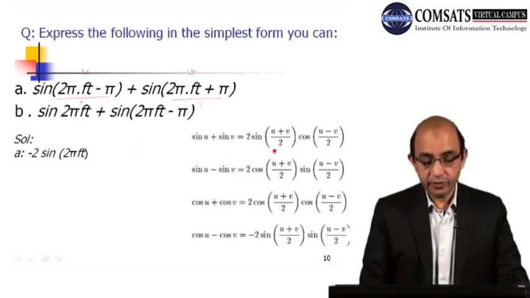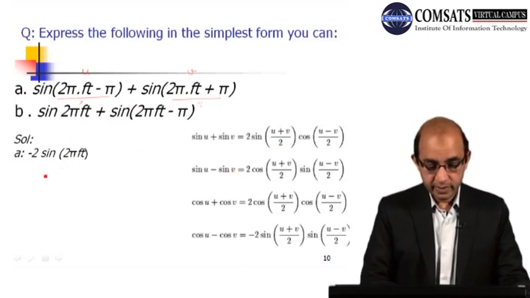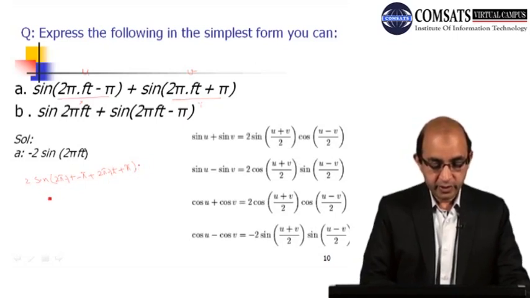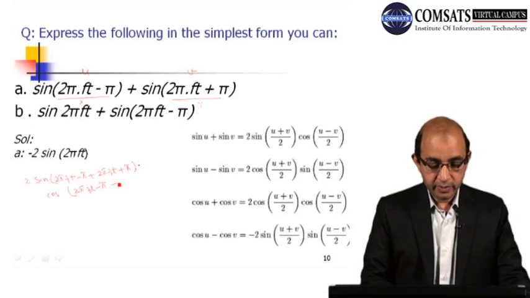So u plus v over 2. So 2 sine (2 pi ft minus pi plus 2 pi ft plus pi), and then we will have cos, that is multiplied by (2 pi ft minus pi, and then minus 2 pi ft and minus pi).